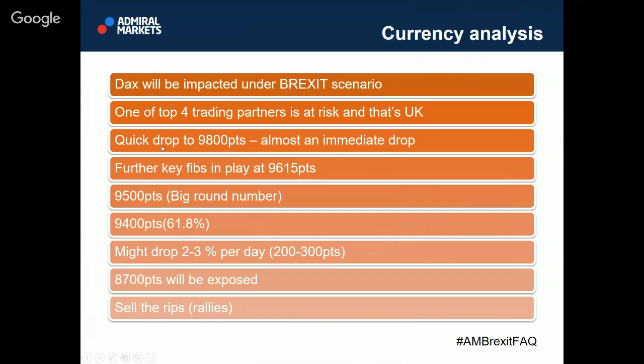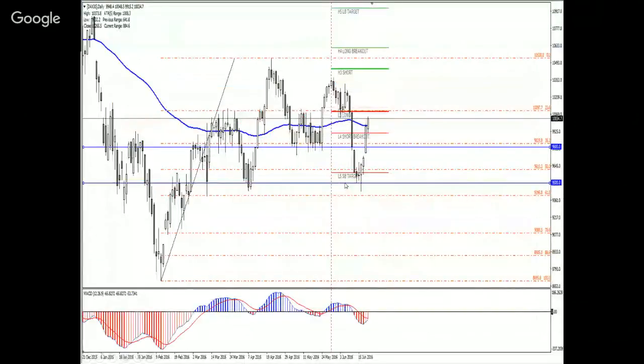What I see is a quick drop to 98.00, and it will be an immediate drop. Further key levels in play are 96.15, 95, 94, and it might drop 2 to 3% per day, 200 to 300 points, as a form of continuation. It will expose 87.00, and if it happens, guys, sell the rips. We say sell the rips.